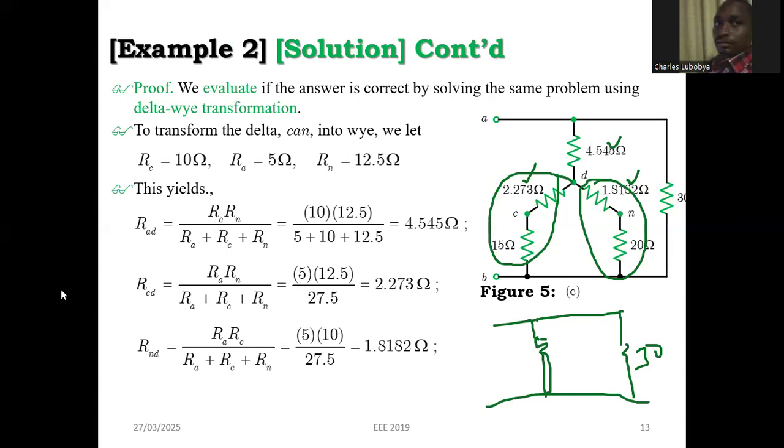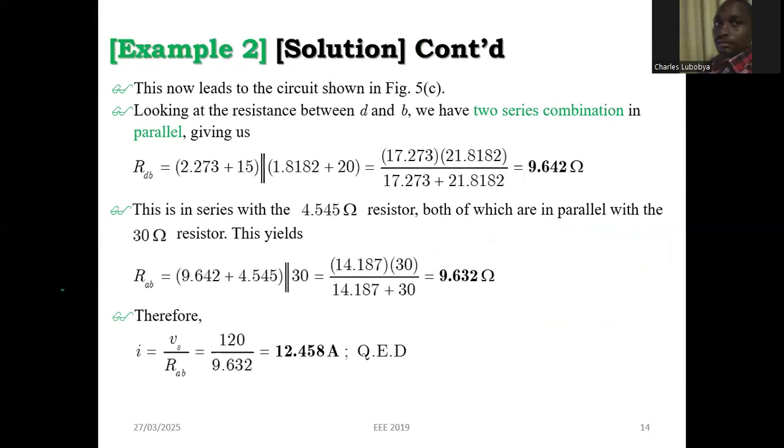And this, I have shown in the next slide. You can see here, after simplifying, you end up with the 9.642 in parallel with the 30, and you still get the 9.632 ohm, which was the original resistor we had gotten even in the first one where we had done the star to delta transformation.